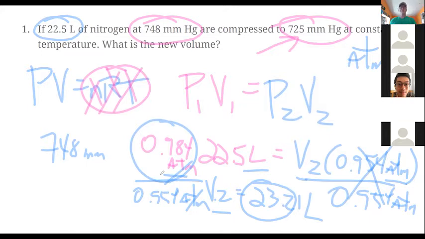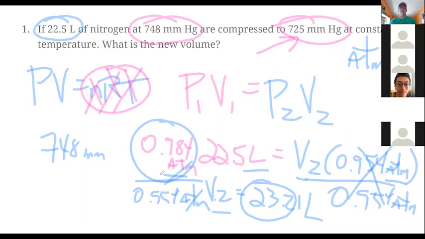So the thing that's kind of confusing, what's confusing about this question? Read the question. Is there a problem? There's a word in there that doesn't belong.